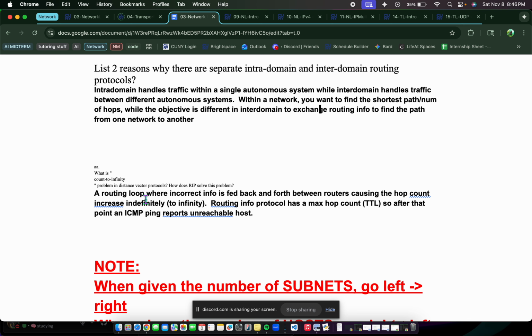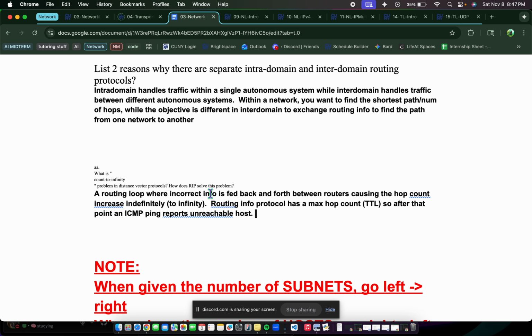And if we send incorrect information between the routers, like maybe I say, hey, router B has the answer, no, router A has the answer, no, router B has the answer, and we're going back and forth, my time to live counter just keeps increasing. And when I have to route back to this, I'm having an infinite loop. I have an infinite string that is essentially counting to infinity.